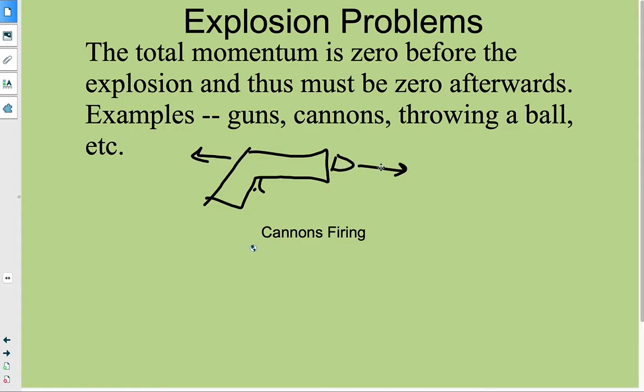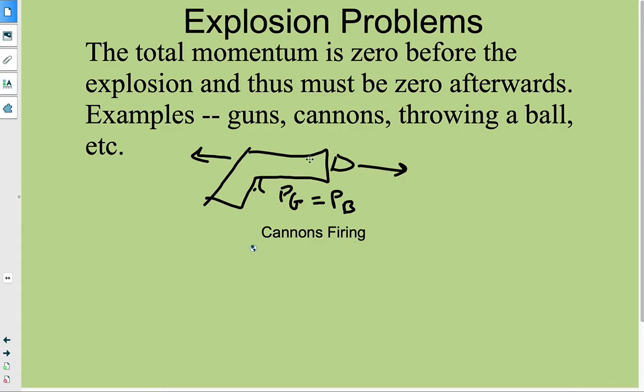And this is true of a cannon and a cannonball. It's true of a rifle and a bullet. Anything shooting a projectile, the projectile is going to go forward, and the thing shooting it will go backwards. All right. So the momentum of the gun is going to have to equal the momentum of the bullet.